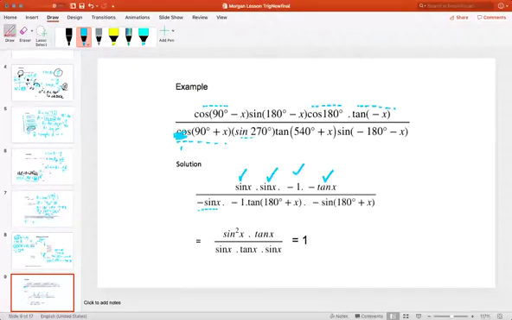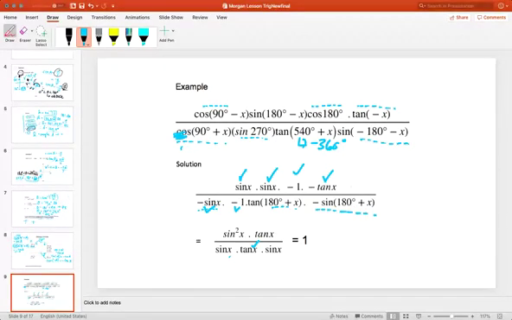Sine 270 over there, we remember that it is negative 1 according to our sine diagram. The 540, we simply minus 360 from there to get to the 180 plus x, which changes to tan x in the next diagram. And here, remember we took out the negative from here.